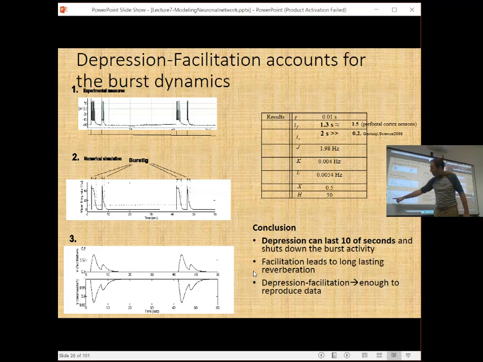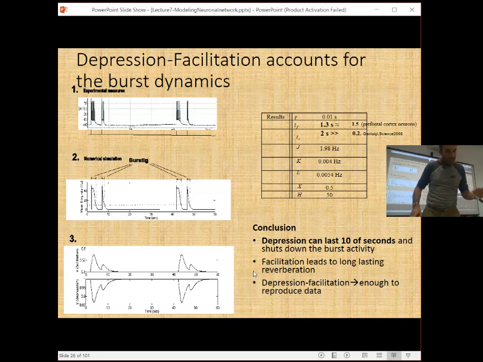Because when you look at the depression variable, it takes a long time to go back to where it was. Thus, when you stimulate the second time, you still do not have enough vesicles, and the depression is still active. That's why you get a smaller peak, until it goes back to normal, where there is no depression, and then it repeats itself.